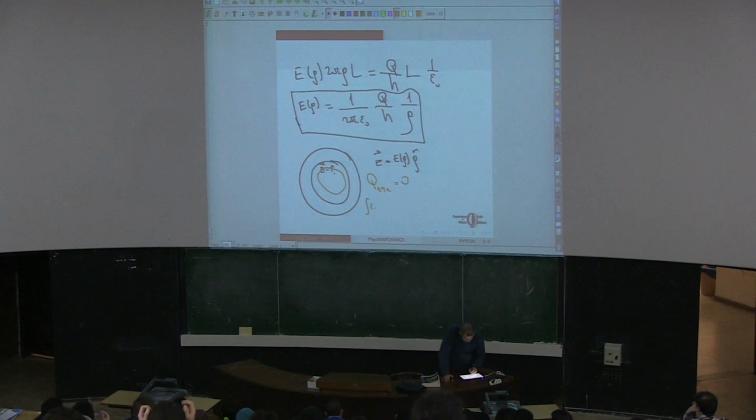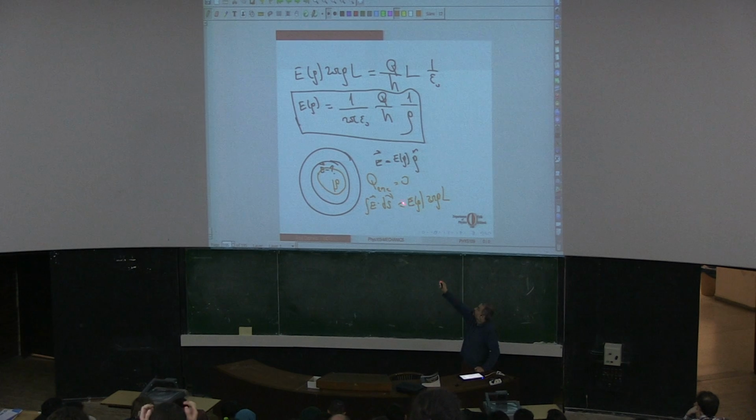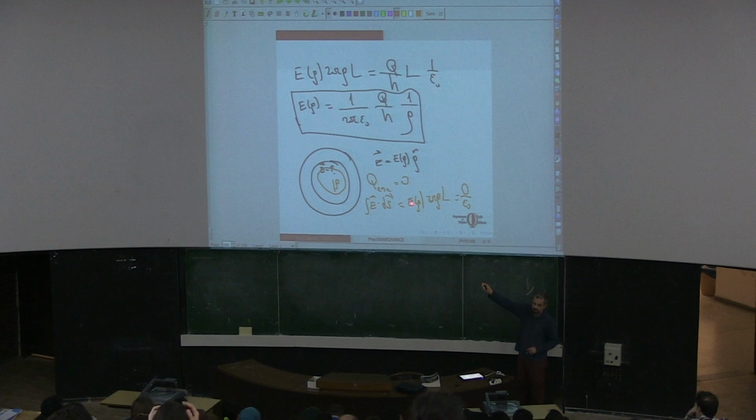And E dot ds will again be E of rho times 2 pi rho times L. This is rho. E dot ds will still have this expression. Q enclosed will be 0, so this expression has to be equal to 0 over epsilon 0, which tells me that E of rho should be 0 inside the inner cylinder.